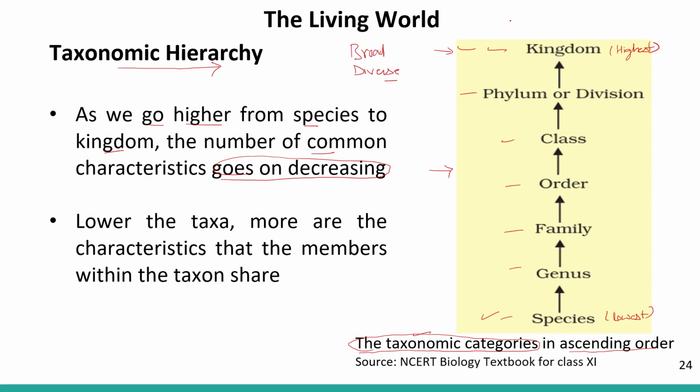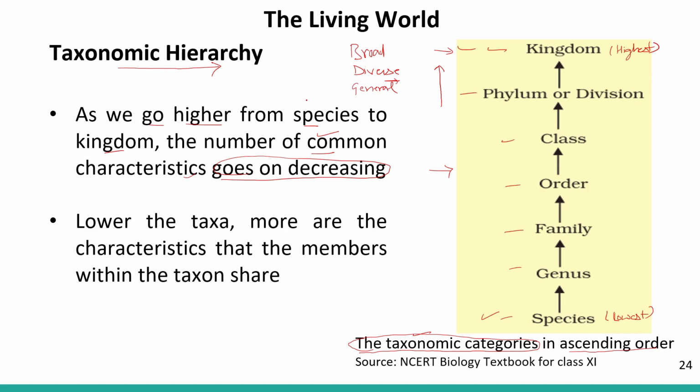If we take the example of kingdom Animalia, it includes all the animals, and the number of common characteristics is not much. They are very diverse. Or you can say as we move higher from species to the kingdom, the categories become general.